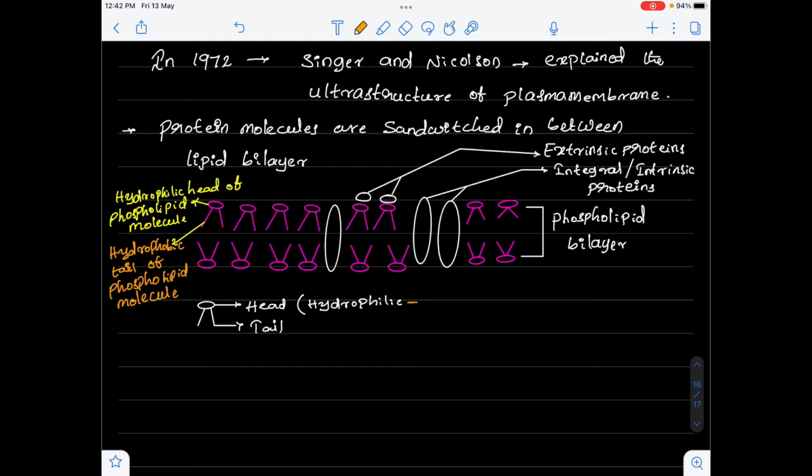The hydrophilic head of the phospholipid molecule is water lovable, whereas this tail part is hydrophobic in nature. So this is the water repelling end.